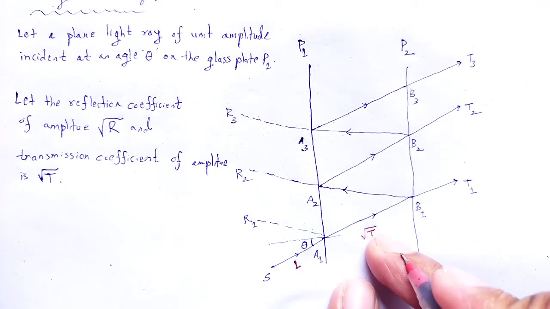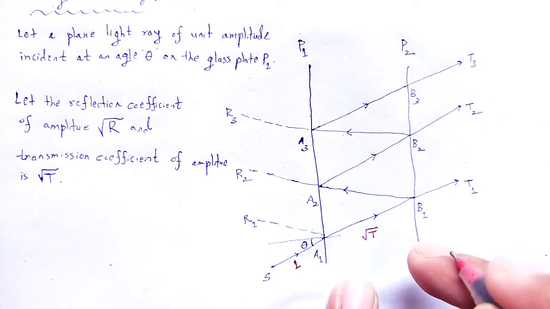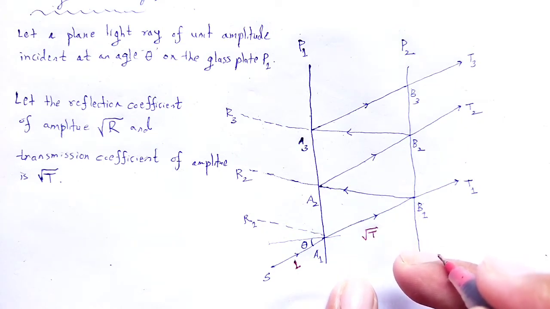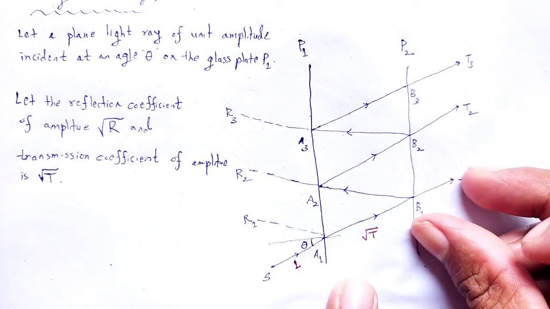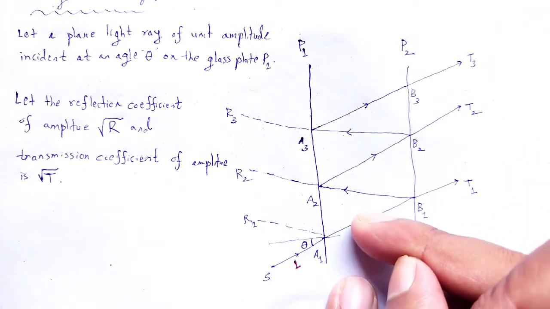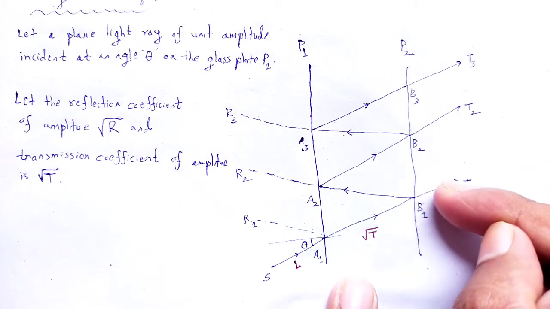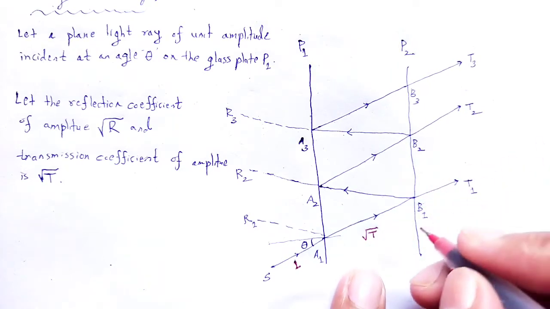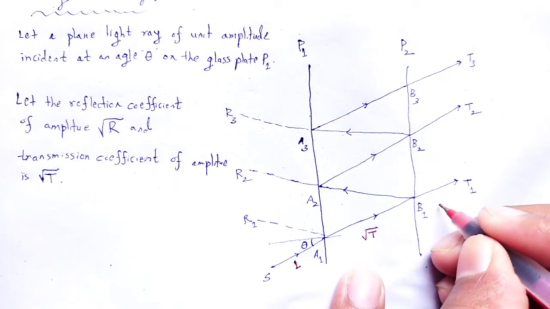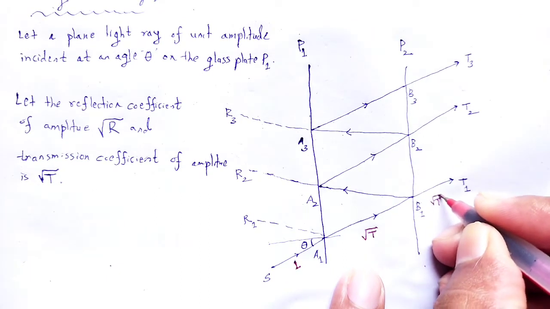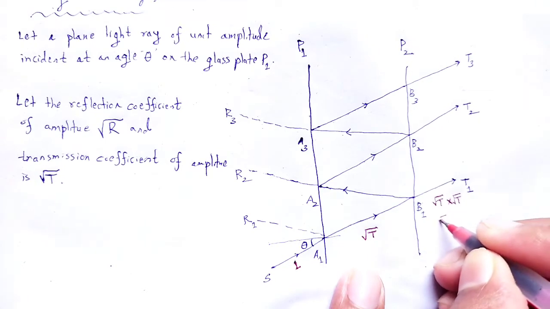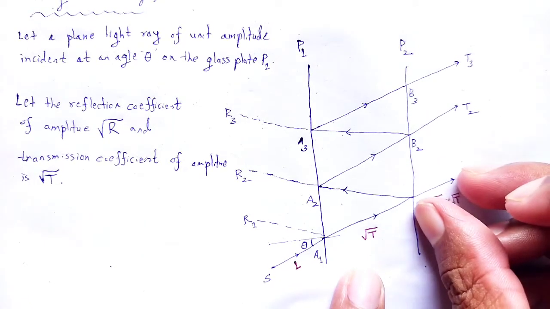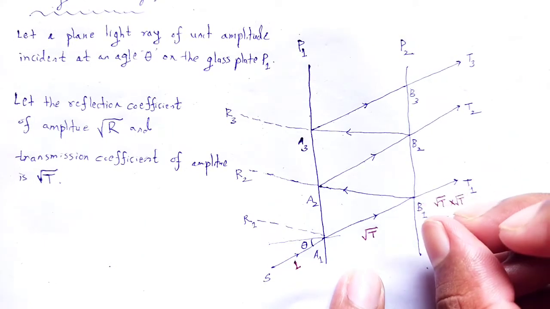The amplitude of ray B1T1: here transmission occurred again, so root T into root T is equal to T, that will be the amplitude here.